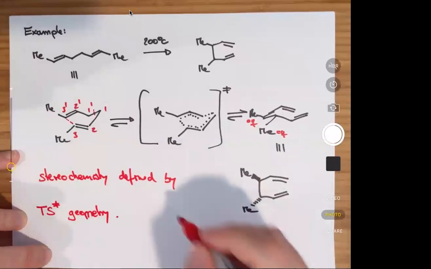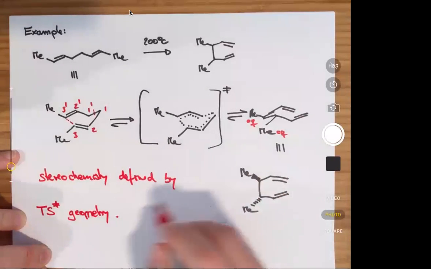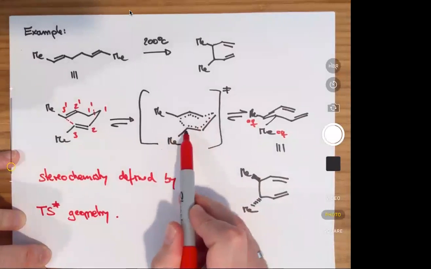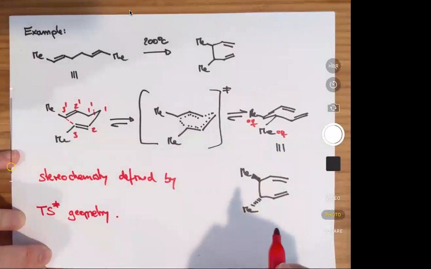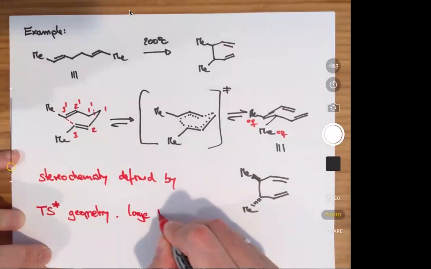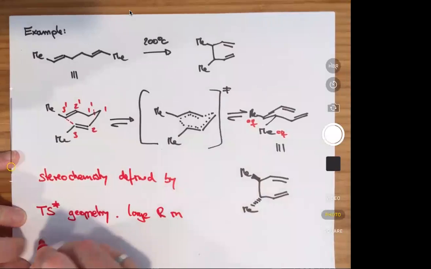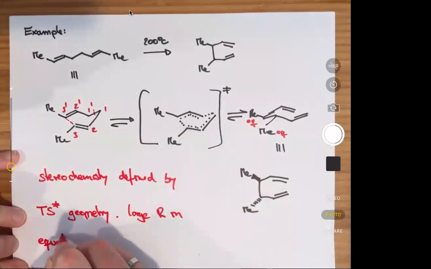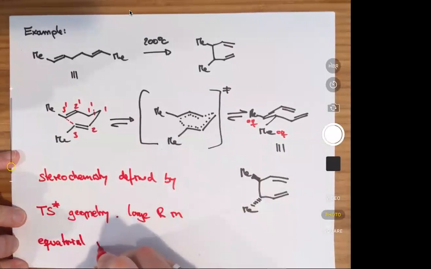And they're the same rules that we had many times in six-membered rings. The large substituents should be in an equatorial position. So large R in equatorial position.